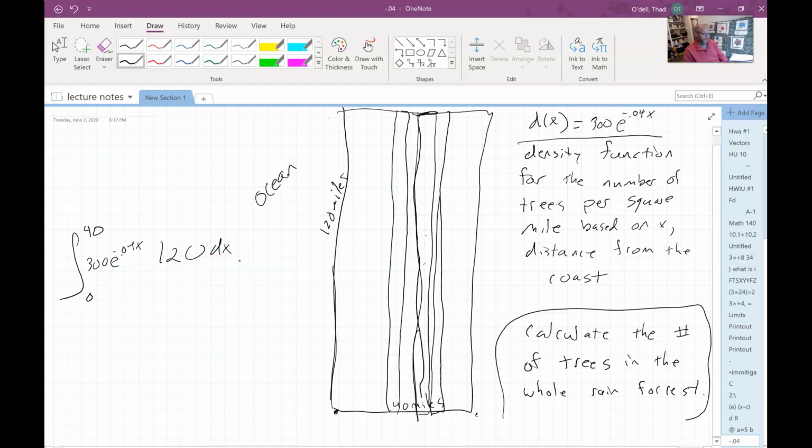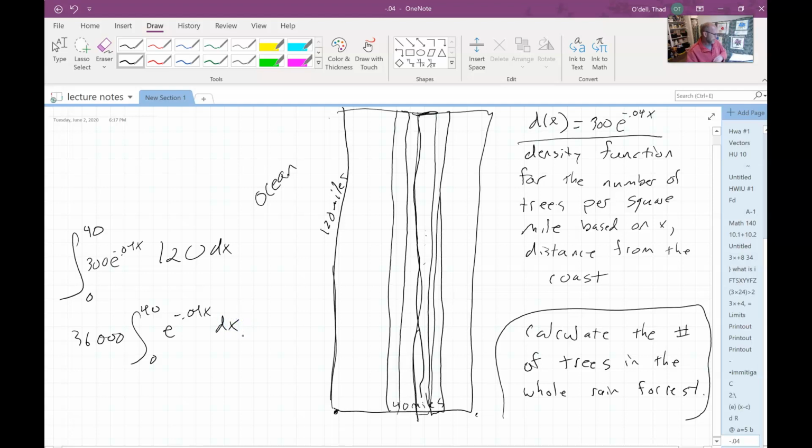So we have 120 times 300. Let's move that out. 120 times 300 is 36,000, times the integral from 0 to 40 of e to the negative 0.04x dx.